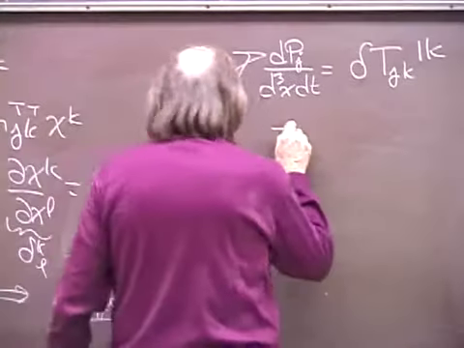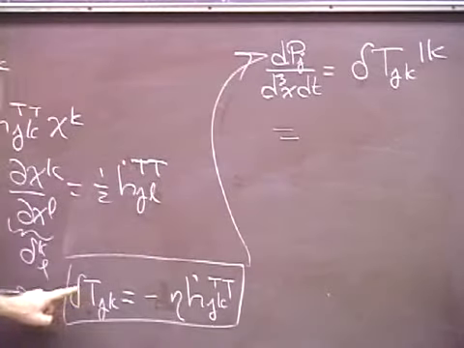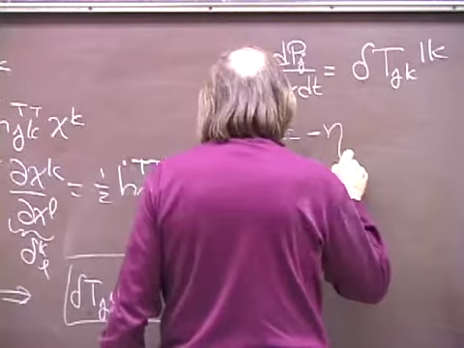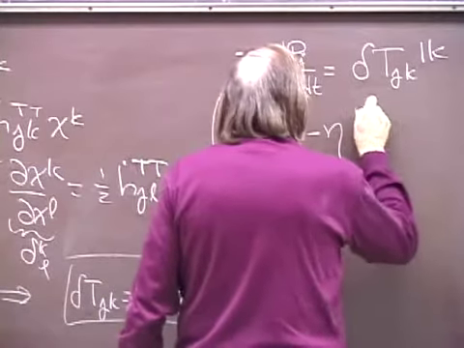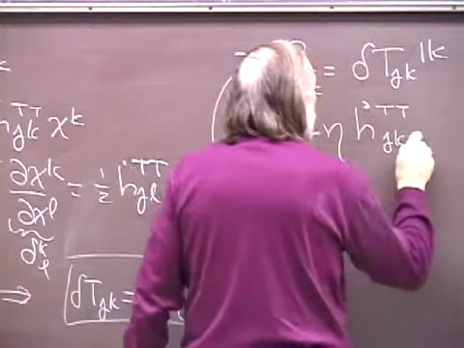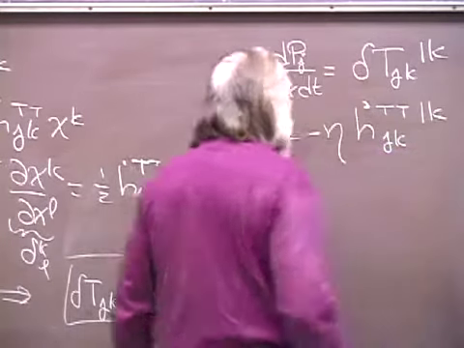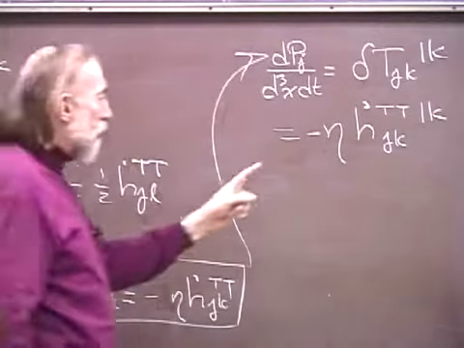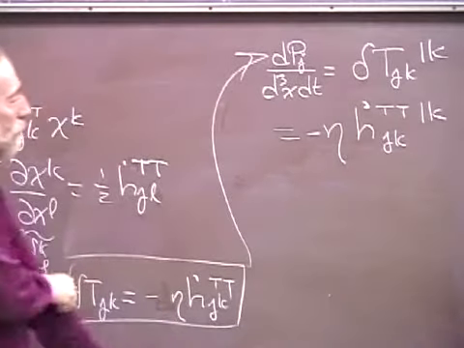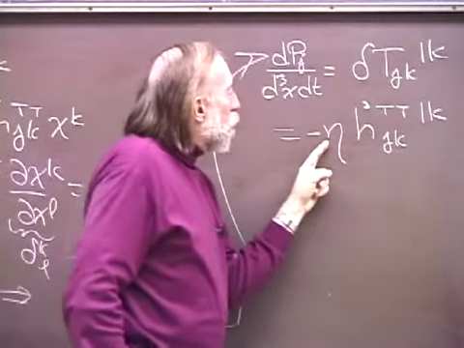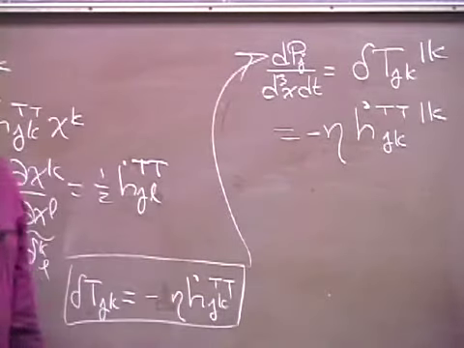And so we can just ask ourselves, for this stress tensor, what is the gradient? So we want to look at the divergence of the gravitational wave field itself. Now, I've assumed that eta is homogeneous throughout.